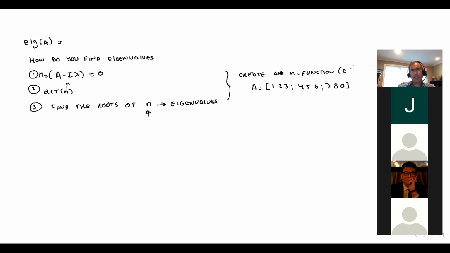Let's call it my example eigenvalue, and then compute this. Remember, this one here, guys, is a symbol. A is going to be a matrix, so you don't need to do anything. Define lambda as a symbol. Then you create a matrix M. If you define symbolics, it's going to be symbolic. Then you find the determinant of this M.